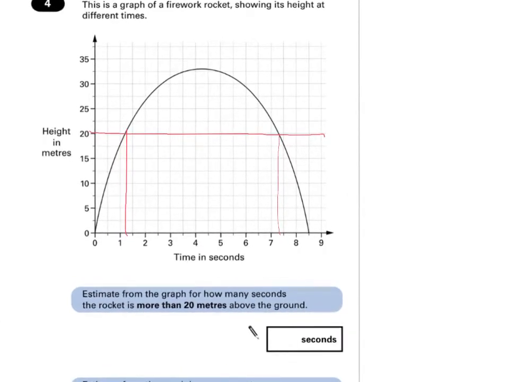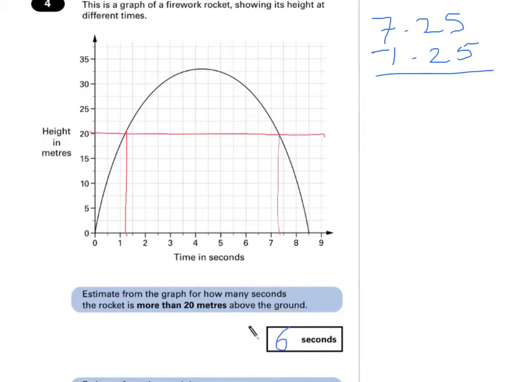We can see that we go from 7 to 7.5 to 8. So where our marker is, it's approximately 7.25. So we're going to say 7.25 seconds. And from that we're going to subtract this mark in here, which is about 1.25 seconds. And so for my answer I have 6 seconds.